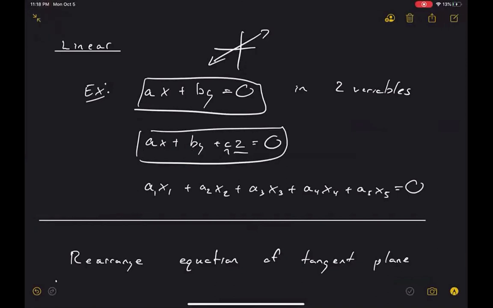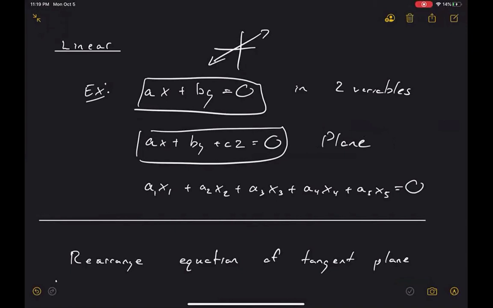An example in R3 might be 4x plus 2y minus 3z equals 0. I have my variables multiplied by constants. But in 3 dimensions, my linear equation doesn't give me a line, it gives me a plane, right?